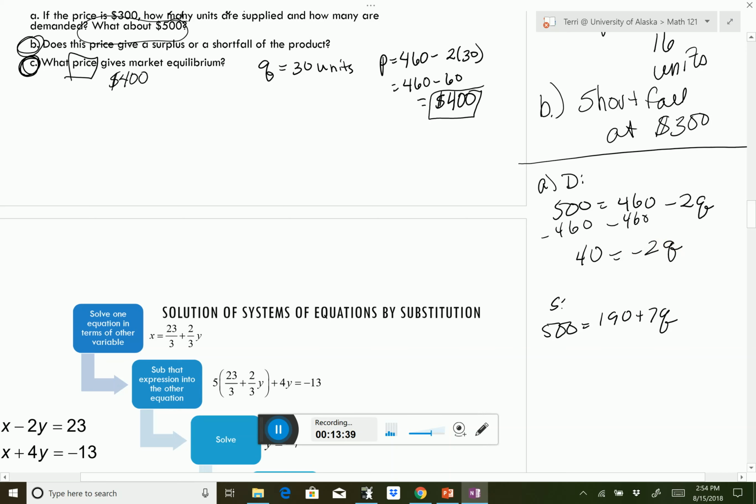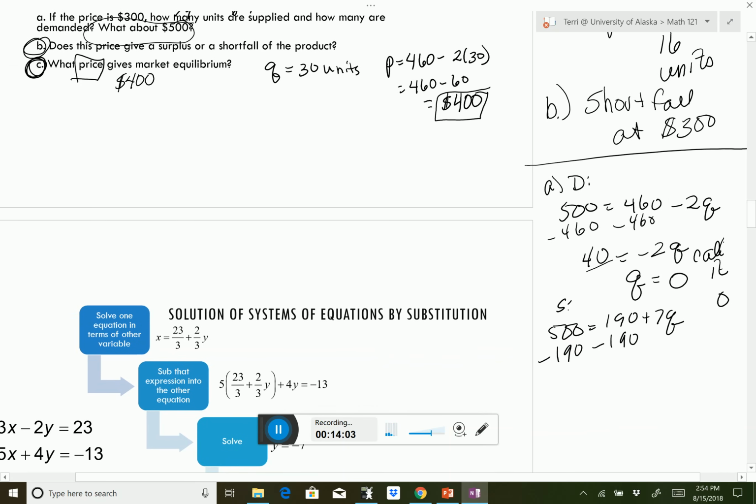This one doesn't even make sense, because the quantity demanded is 0. If it goes below 0, we just call it 0. It's too much. No one's going to want it. But the suppliers are like, yeah, sure, you're going to charge $500 for that. I'm in. So that's 310 equals 7Q.